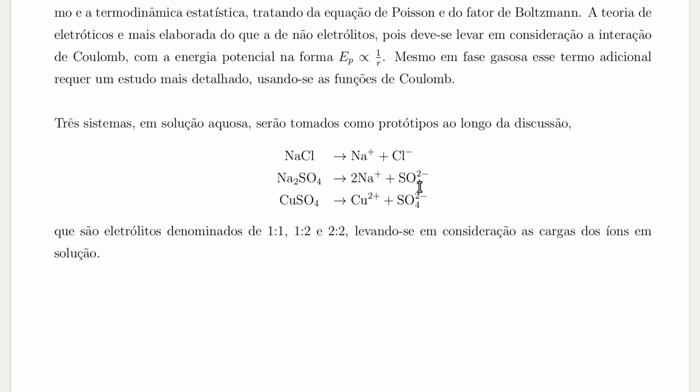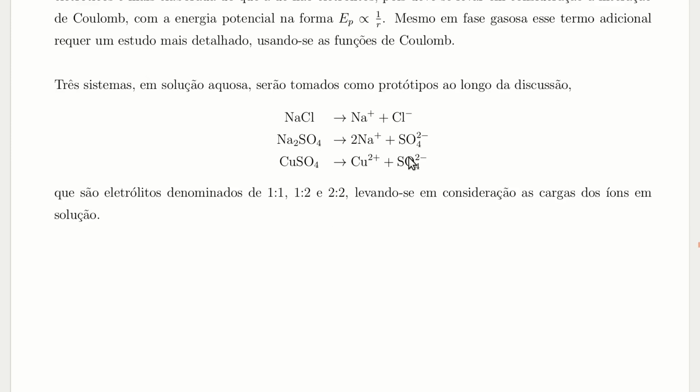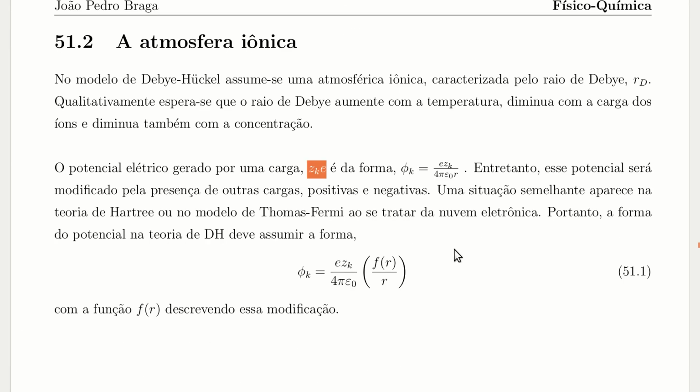Initially, we are going to make the treatment for positive charge, and then by analogy, the result will be the same for negative charge, just change the sign. So we are going to treat initially only positive charge by discussing this ionic atmosphere by solving the Poisson equation.